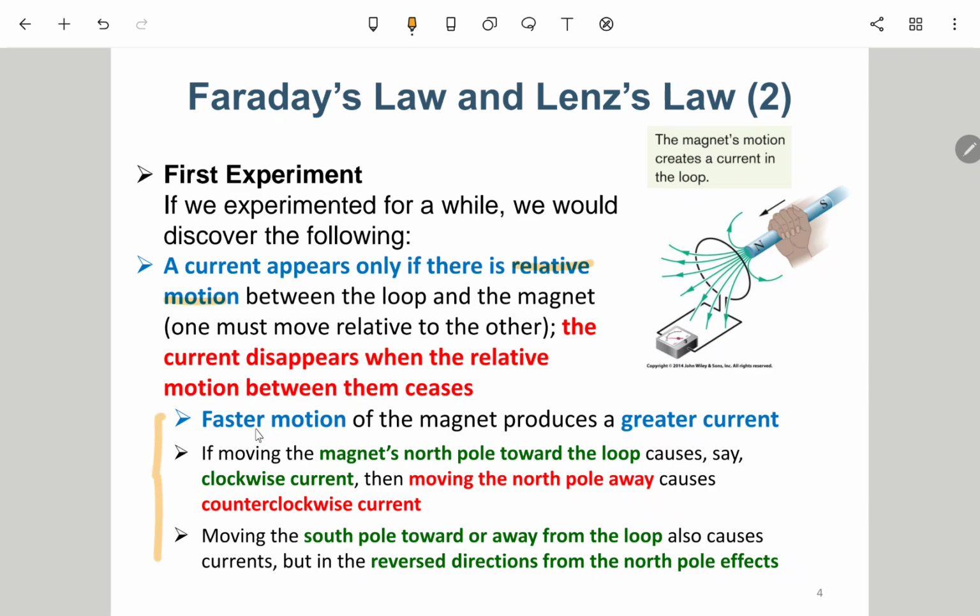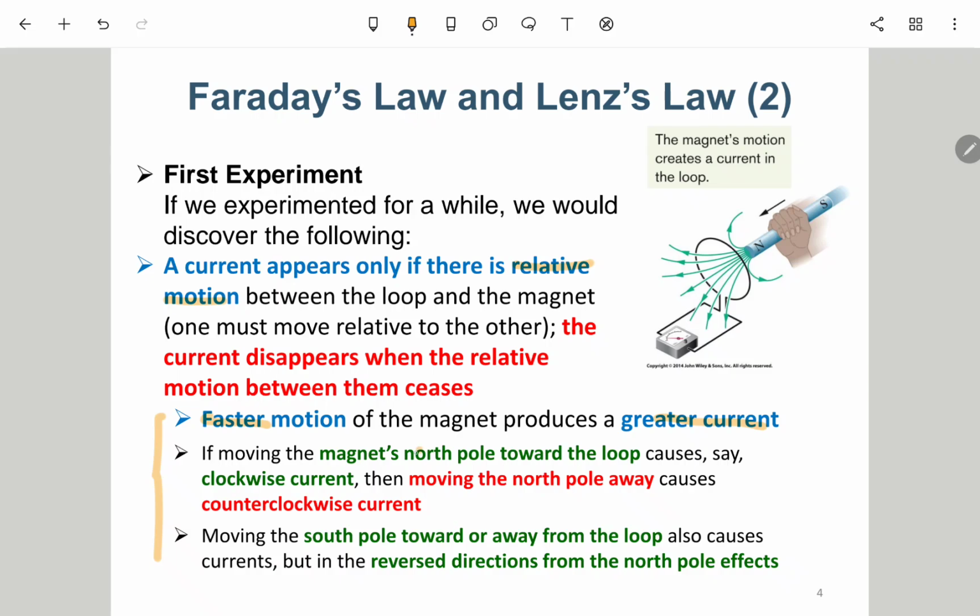Okay, and then there are some more observations. The first one is that faster motion of the magnet produces a greater current. If moving the magnet's north pole towards the loop causes, say, a clockwise current, then moving the north pole away causes a counter-clockwise current.